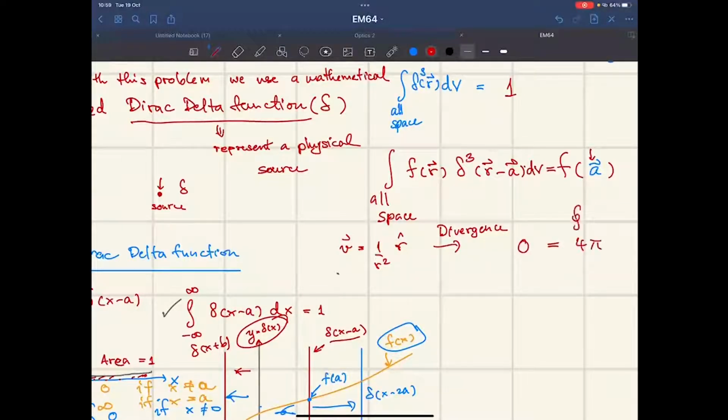This thing is from the surface integration, and this thing is the volume integration. This is the divergence theorem, but this thing is 0, and this thing is 4 pi. So this is basically not correct. To make it correct, this integration here must equal this.